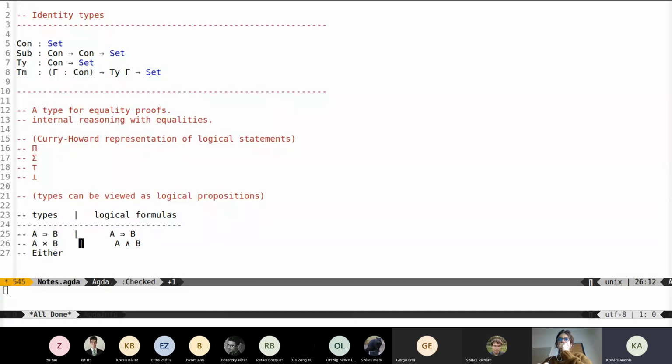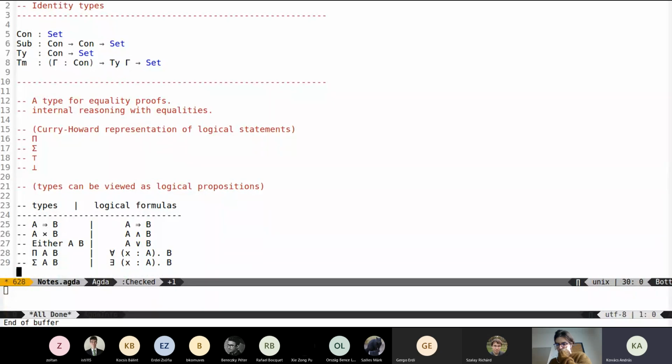And there is this type which we haven't seen in this seminar, but we know it from Haskell. This is the sum type, and the sum type is a way to model logical disjunction. And if you have a dependent function type, then it's like this. And if you have a sigma type, then it's like this.